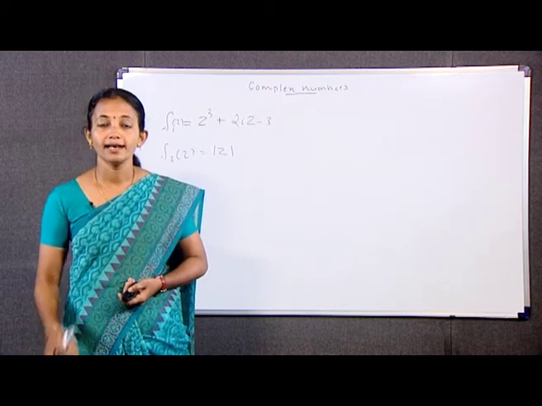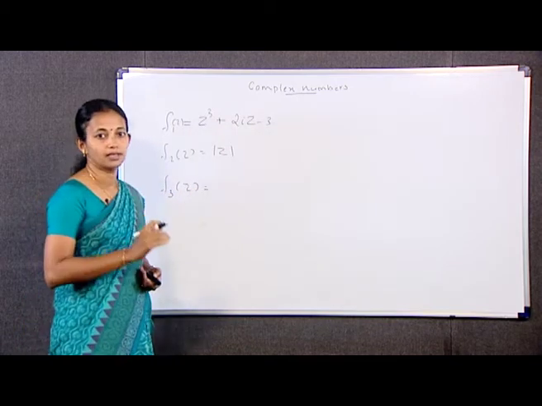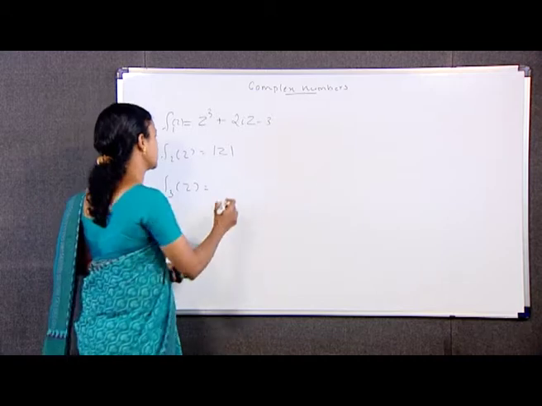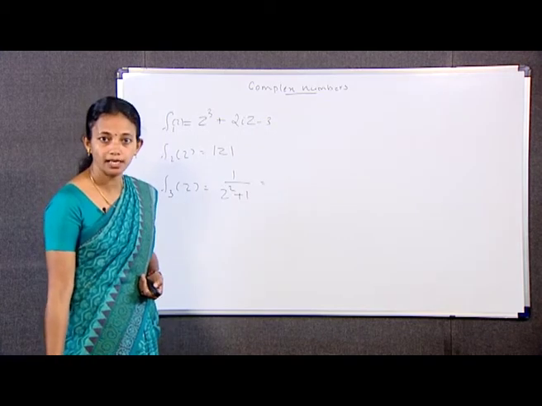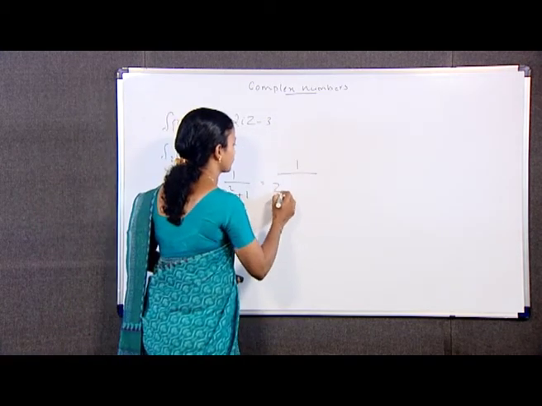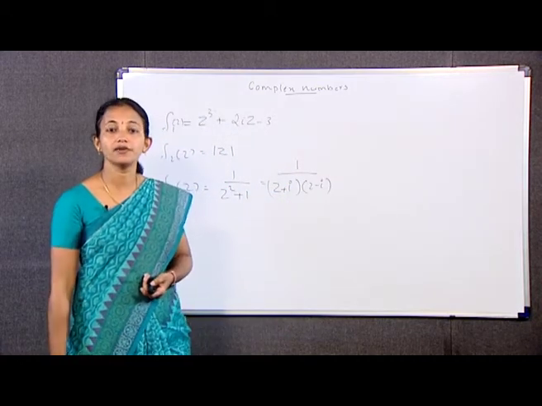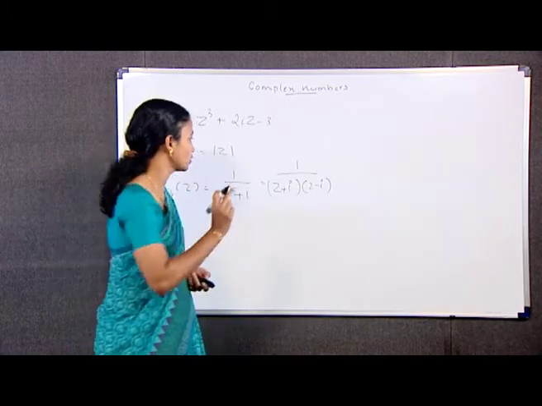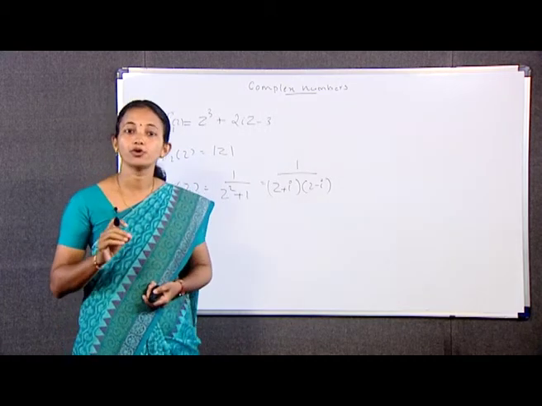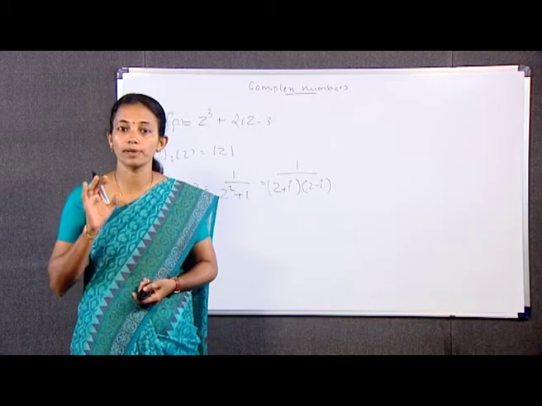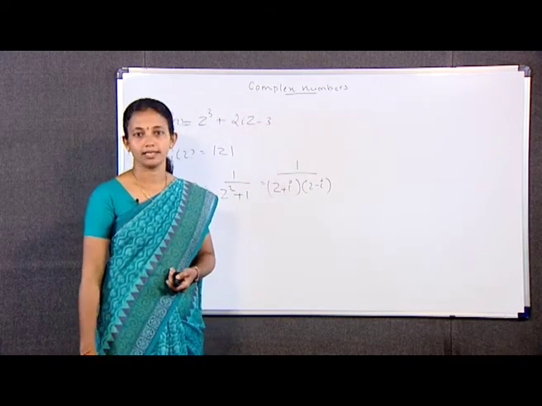while f3 is given by f3 of z equal to 1 by z square plus 1, which I can write as 1 by (z plus i) into (z minus i), is undefined at the two points z equal to i and z equal to minus i in the complex plane, and hence the domain of f3 is the entire complex plane except the two points z equal to i and z equal to minus i.